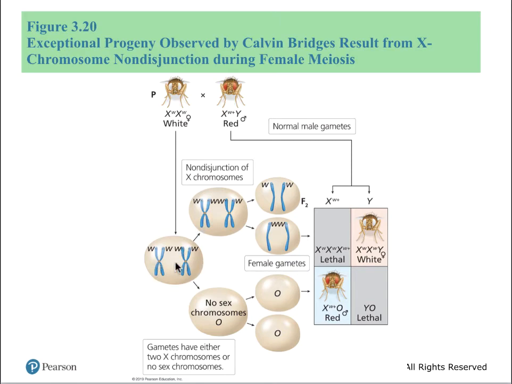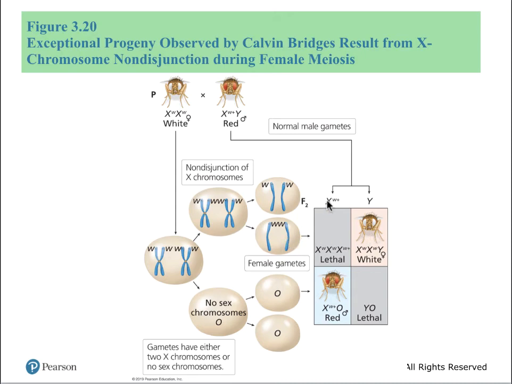So these two chromosomes in meiosis are supposed to segregate one in each direction, but both these chromosomes accidentally get pulled to the same pole in meiosis I, and that results in no chromosomes present in these eggs and extra chromosomes present in those eggs. And this will then influence how the genetic makeup of the offspring occurs.